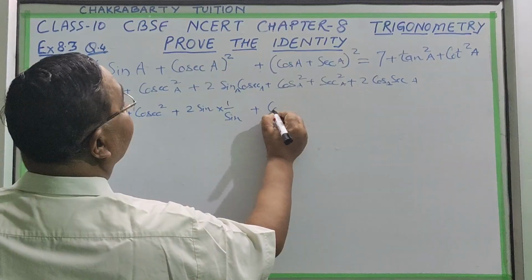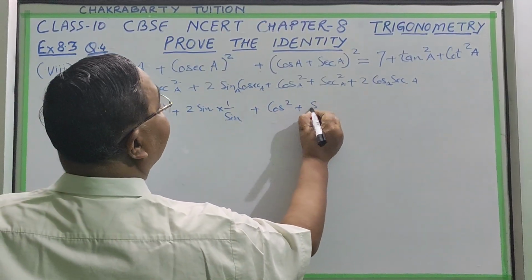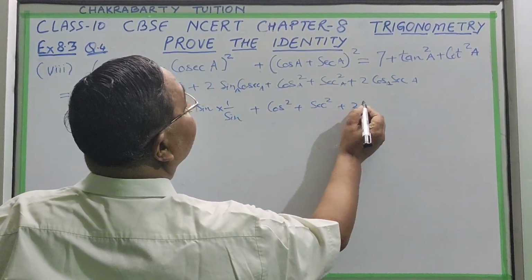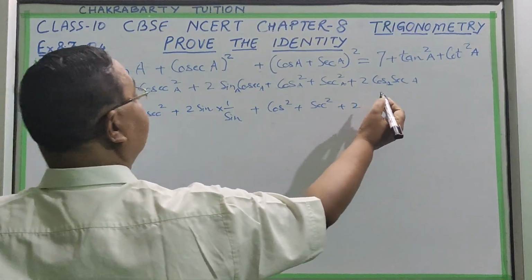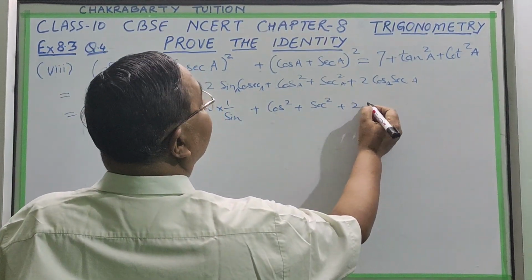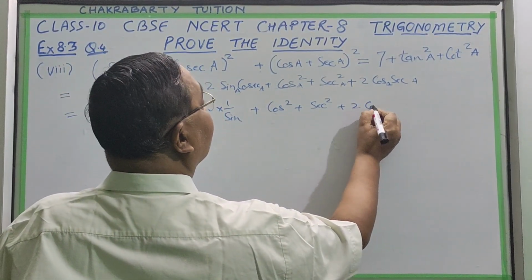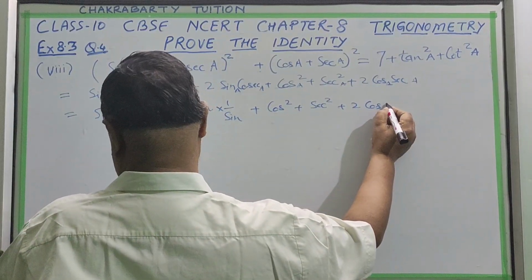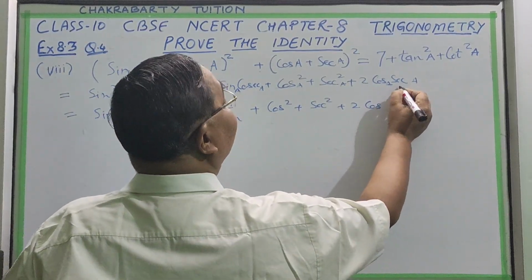Plus cos square plus sec square plus 2 cos, and here also we are making a change. Sec we can write it.